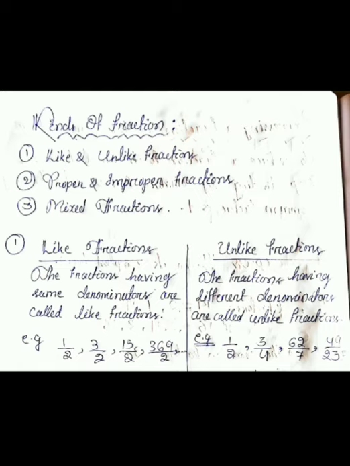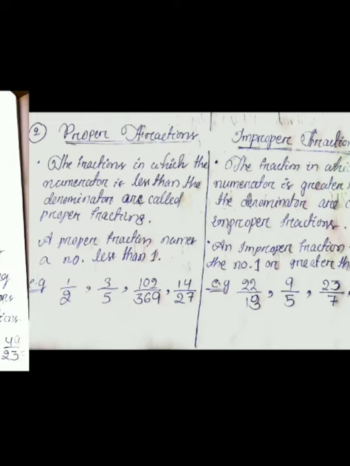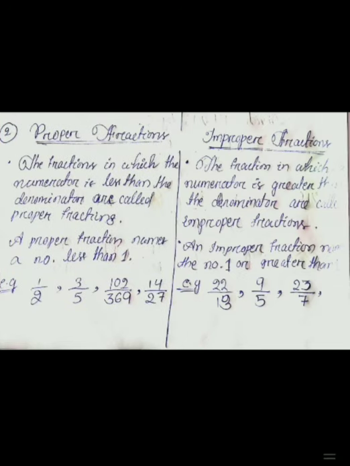Okay. Now let us discuss proper and improper fractions. The fractions in which the numerator is less than the denominator are called proper fractions, and the fractions in which the numerator is greater than the denominator are called improper fractions. In a proper fraction, the numerator is less than the denominator, and in an improper fraction, the numerator is greater than the denominator.